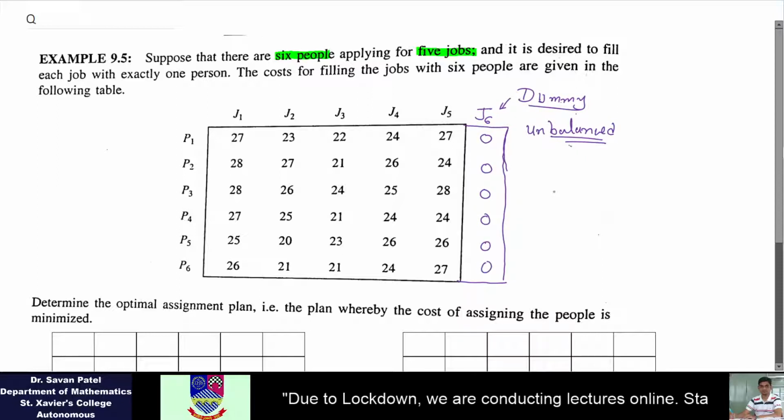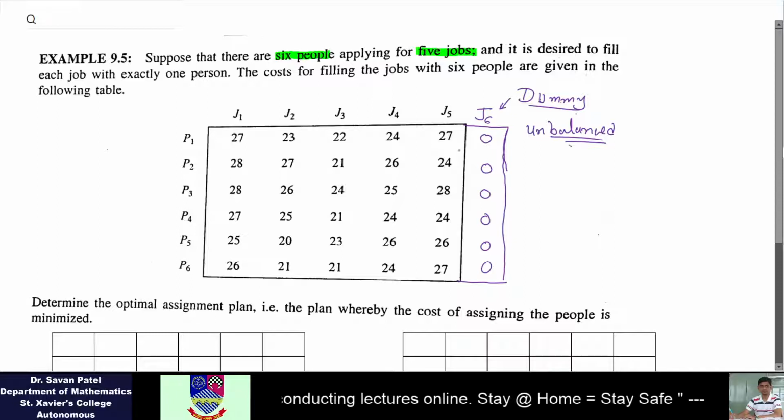Why? Because if you add 5 lakhs, since we are not going to give this job, to assign its salary as 5 lakh, then also we know that adding a constant to each and every row and column is not going to affect the optimal solution. If everywhere the cost is 5 lakh, then you will subtract 5 lakh and reach this 0 situation.